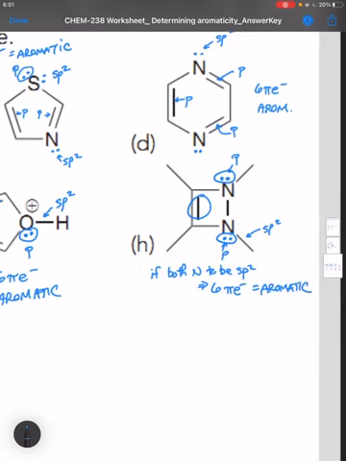Because we can get that extra stability, that aromatic system, by having both nitrogens sp2, that's the answer. If either nitrogen were sp3 hybridized, that would break that flat system. We would have a non-aromatic molecule. Not anti-aromatic, just not aromatic. Aromatic's lower in energy, that's going to be our choice.